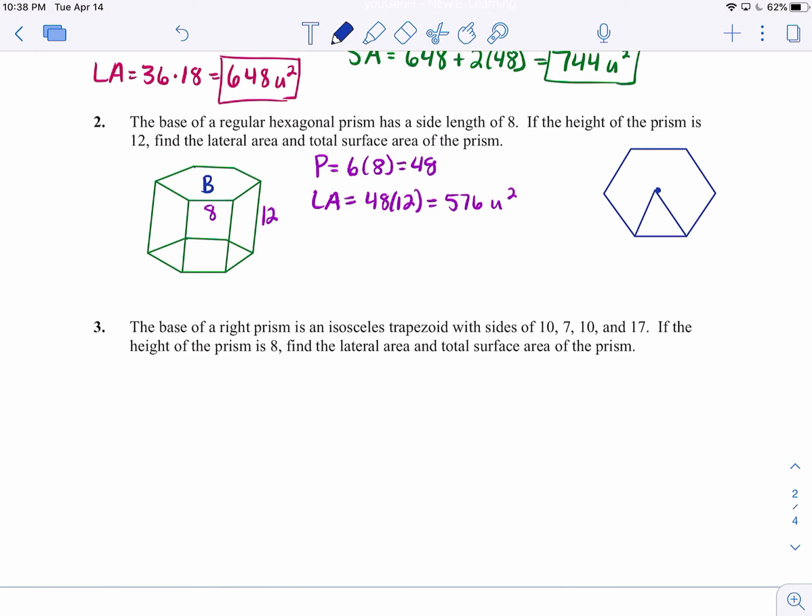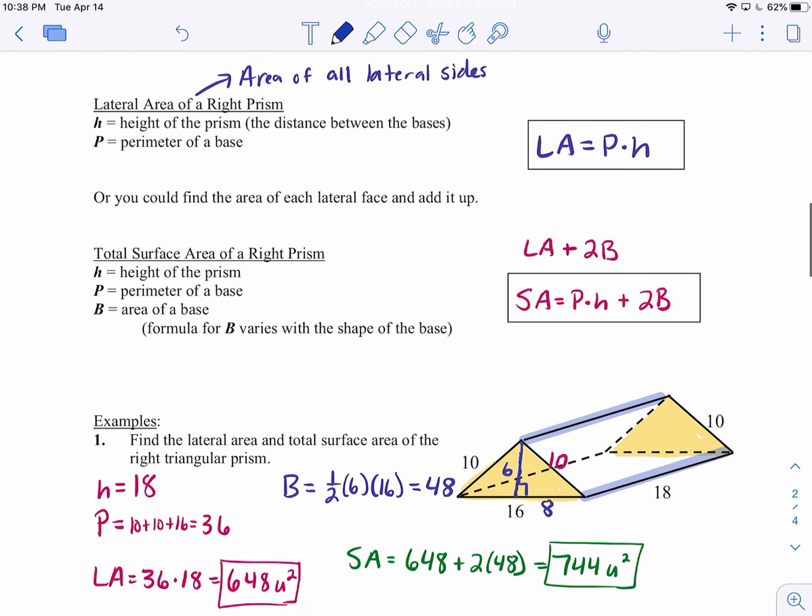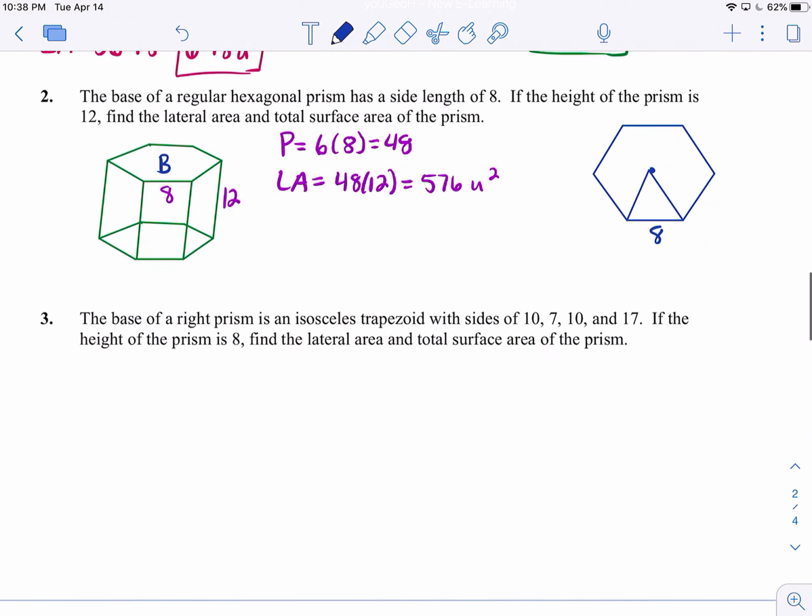There's a couple of different ways to do it. If this has a side length of 8, remember that a hexagon specifically divides into equilateral triangles, and there are 6 of them. So if I figure out the area of one of these triangles, I can multiply it by 6, or you can use 30-60-90 triangles. It's up to you from there.